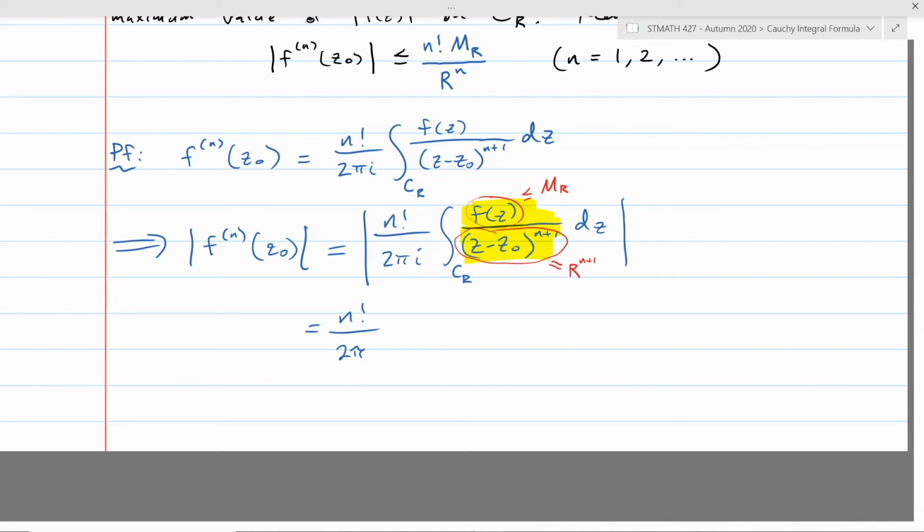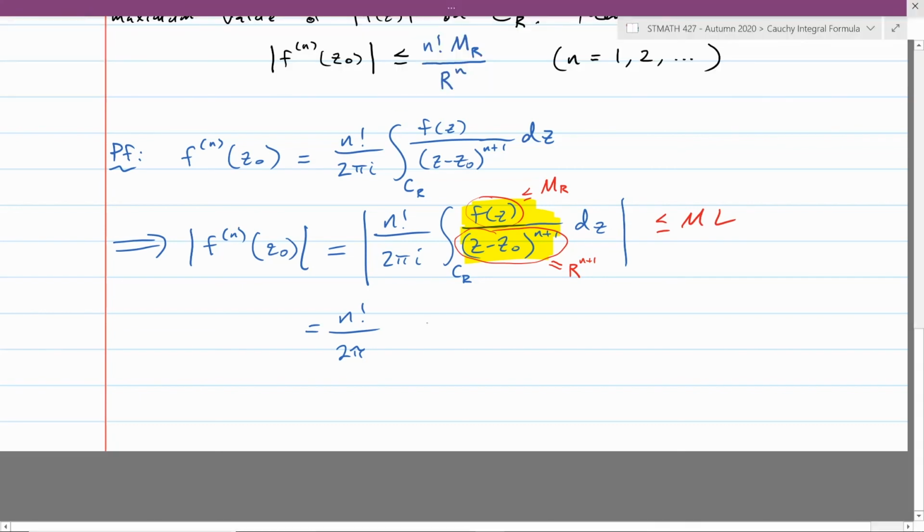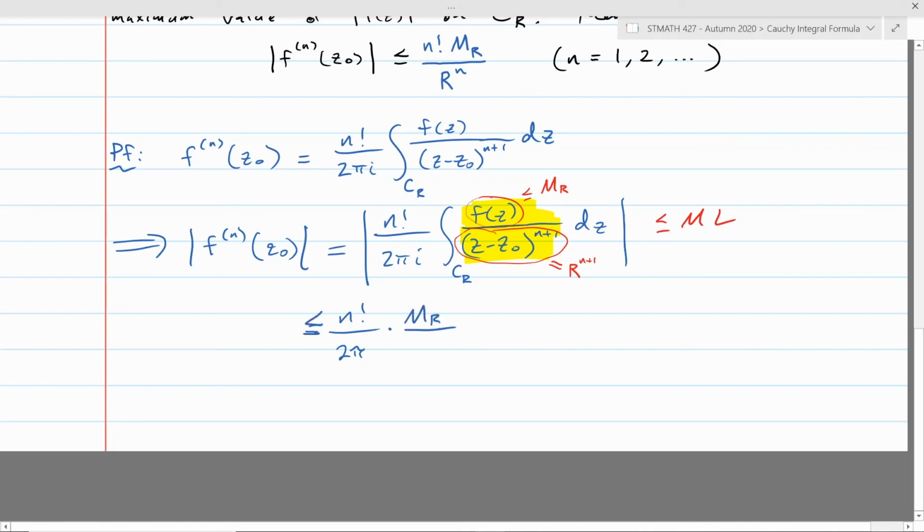So we're using the m times l bound. That works out to less than or equal to m sub r over r to the n plus 1, and then times the length of that circle, that's 2 pi r. And so, canceling a few things out, you get the stated theorem, n factorial m sub r over r to the n. One of those r's cancels out there.